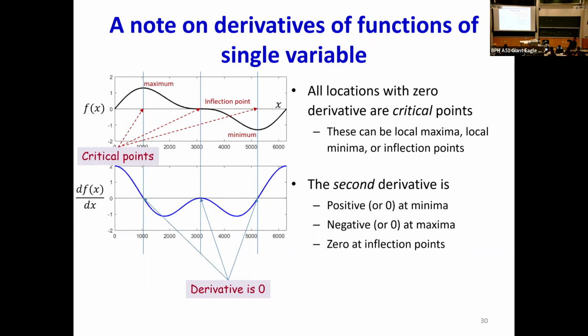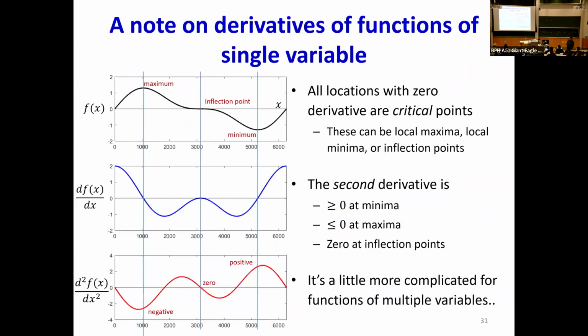It's one where the function was decreasing, slowed down, then continued decreasing. So the derivative was negative, then became 0, then went back to being negative. So the derivative is going to have this kind of shape you have seen in the middle of the curve. And then if I look at the second derivative, here's what you have. You're going to have negative derivative at the maximum, positive at the minimum.